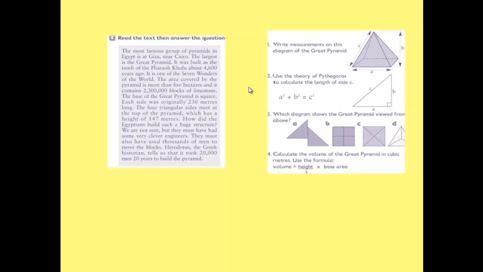Now read the text, then answer the questions. We have 4 questions, but first of all we have to read the text. After reading, we want to answer the questions. Let's begin reading. The most famous group of pyramids in Egypt is at Giza, near Cairo.